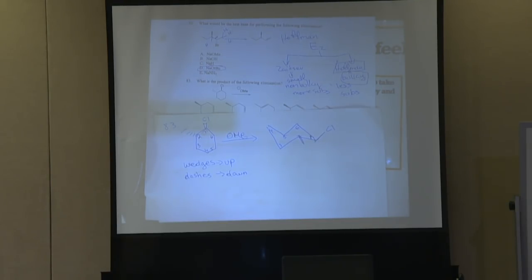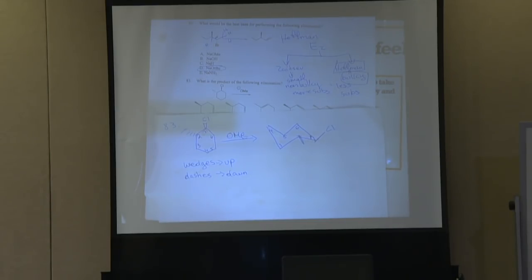It does matter. Right now it's equatorial. You could rotate each number one spot, so that middle part that's the up part, you could put your number 1 there instead of number 2, and you could put the 2 on the down, just where you number it. But based on where you number it, then the wedges and dashes matter. So you can pick your numbers, but once you pick your numbers, you have to commit to those numbers, and then put your wedges and dashes based on the numbers that you pick.